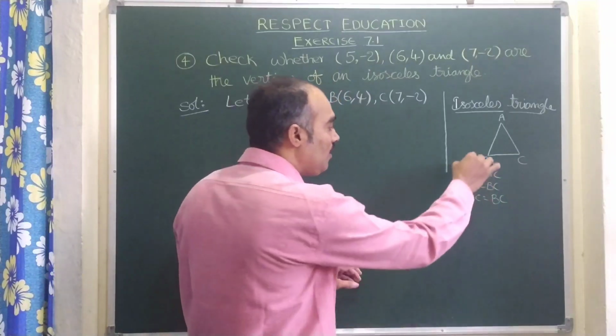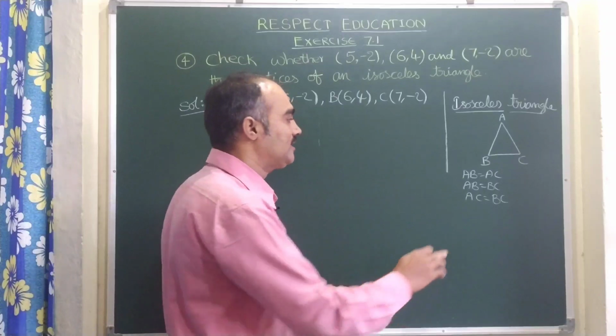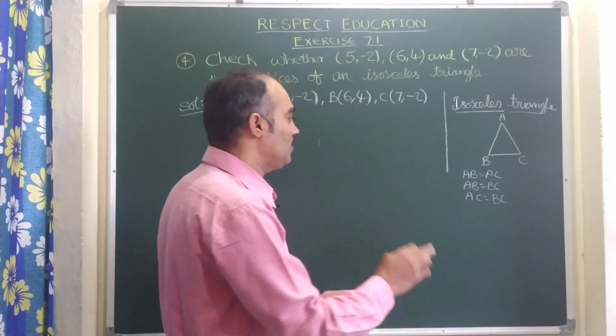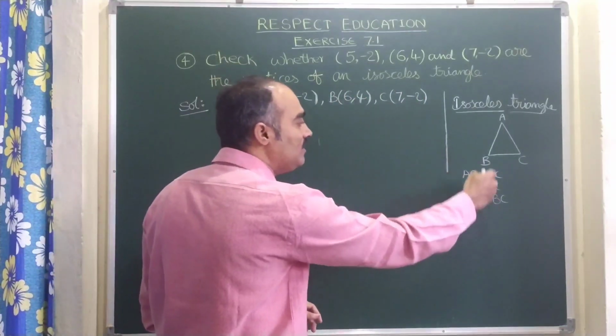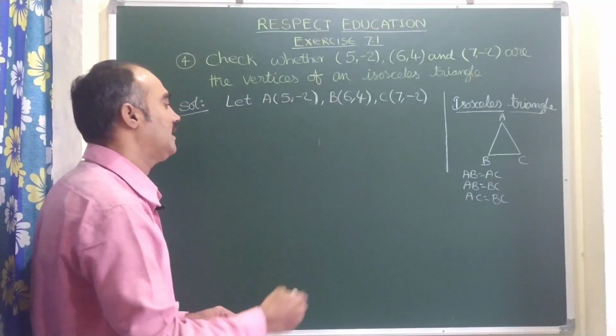So out of these three conditions, if any condition happens, then this triangle can be an isosceles triangle. So with these 3 points, if you get any one of the conditions, then we can say the triangle is an isosceles triangle. So let us try.